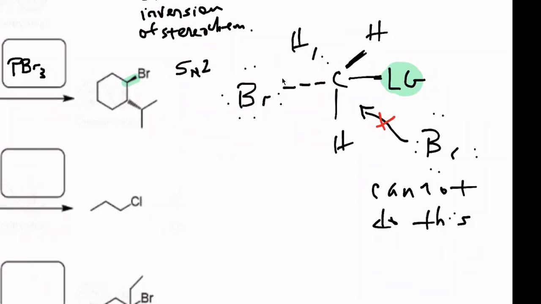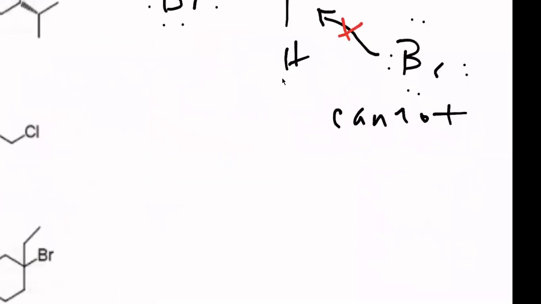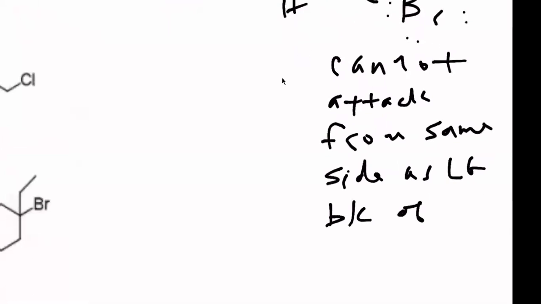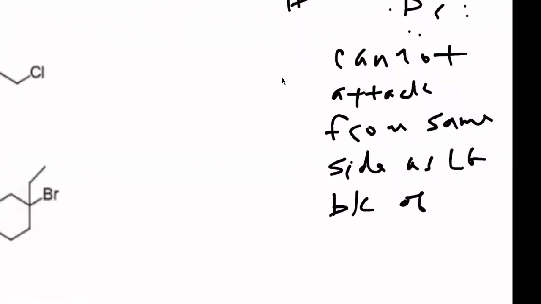Now let me write this the right way. So it can't attack from the same side of the leaving group. Right, so that steric interference plays a huge role in a lot of different things.